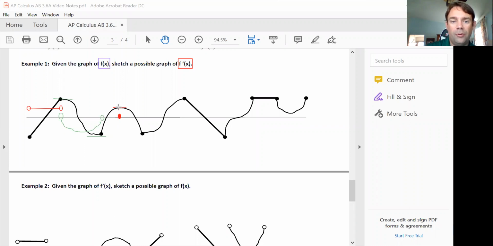And since I'm going from an increasing to a decreasing graph, my derivative is going to go from positive to negative. So something like that. And again, it doesn't matter how far I make it go up or down or any of that kind of stuff. All that matters is that I have the gist of it right.